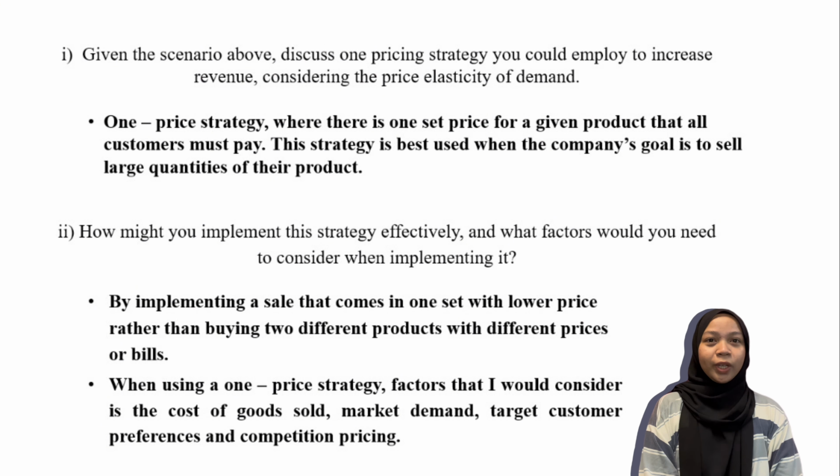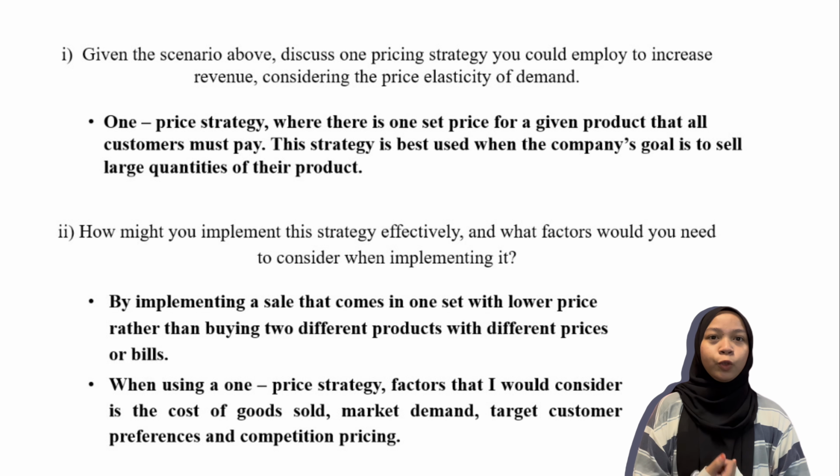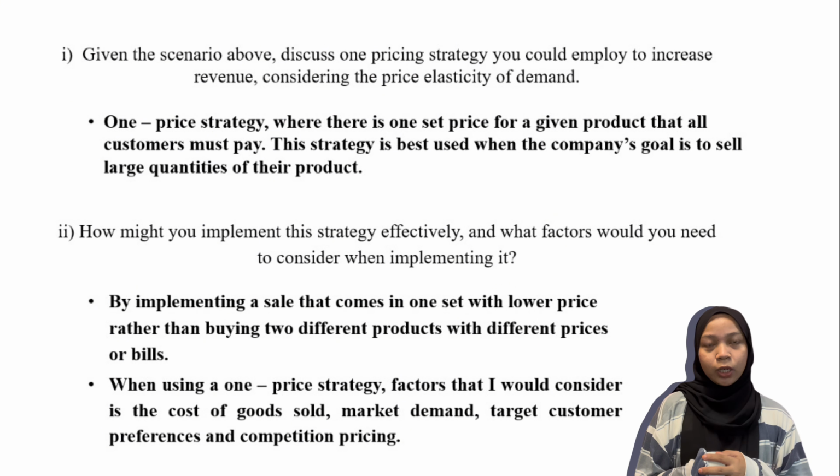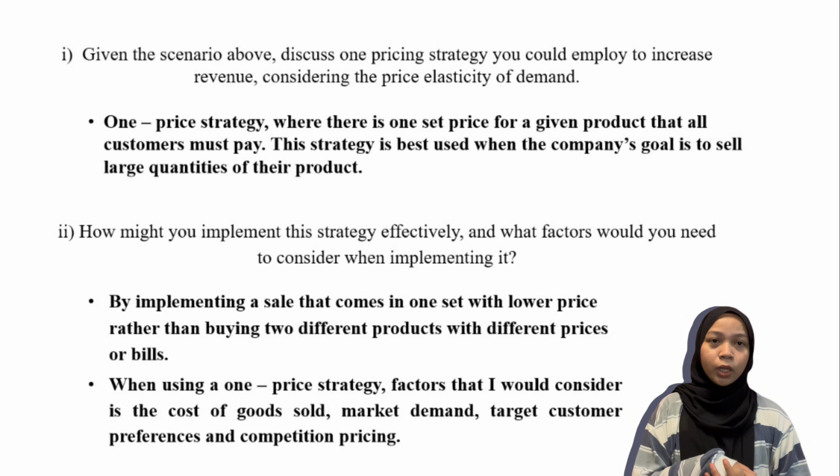Question 1, Roman 2. How might you implement this strategy effectively, and what factors would you need to consider when implementing it? How I might implement this strategy effectively is by implementing a sale that comes in one set with a lower price, rather than buying two different products with different prices. For example, the set comes with a watch and a bracelet, or a couple watch.